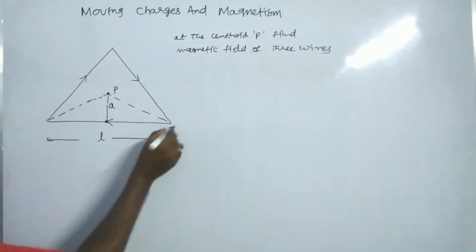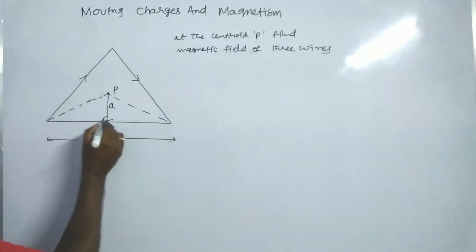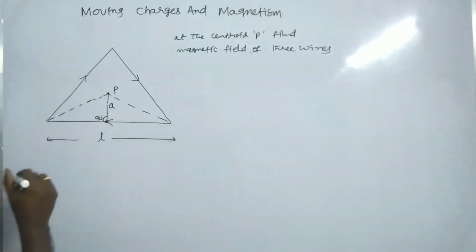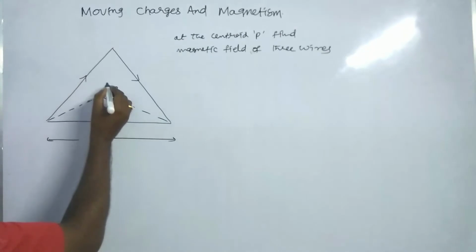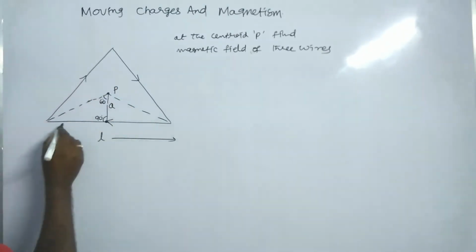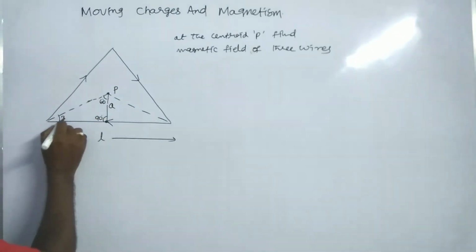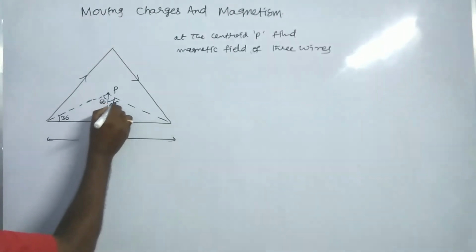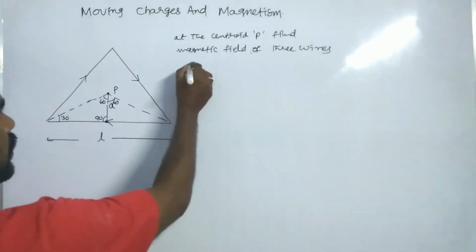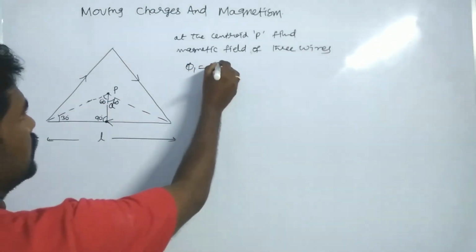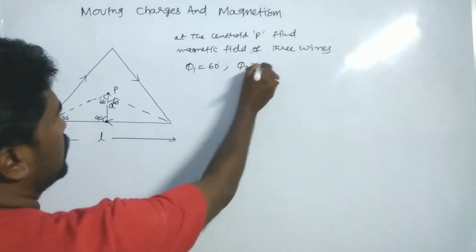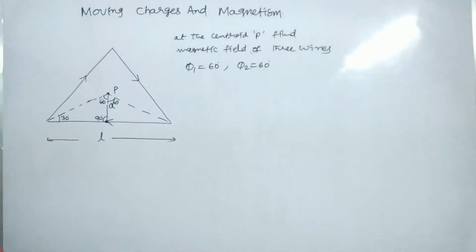This one is 90 degrees, as you already know, perpendicular, and for the equilateral triangle there is 60, then 30 degrees here, 60 degrees here. So phi 1 is equal to 60, phi 2 is equal to 60, right?